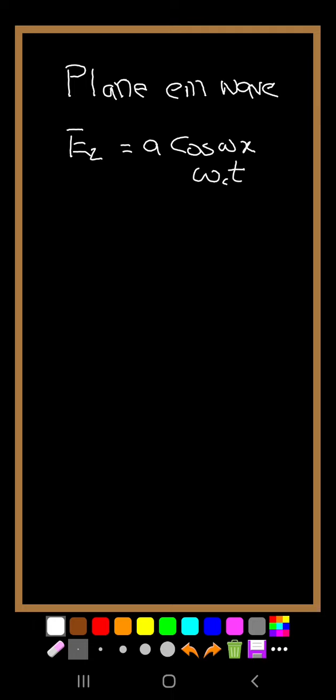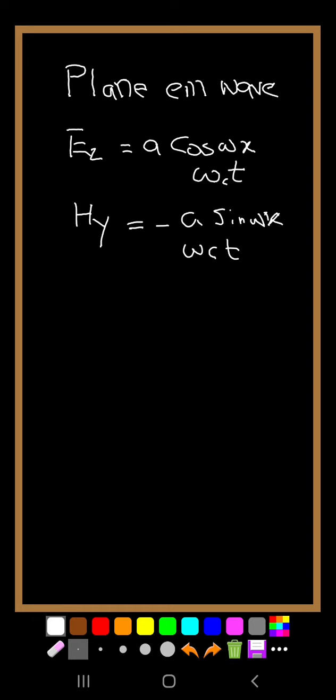and this is the electric field in the z direction, and there is a magnetic field in the y direction, which is given as minus A sine omega x into omega ct.